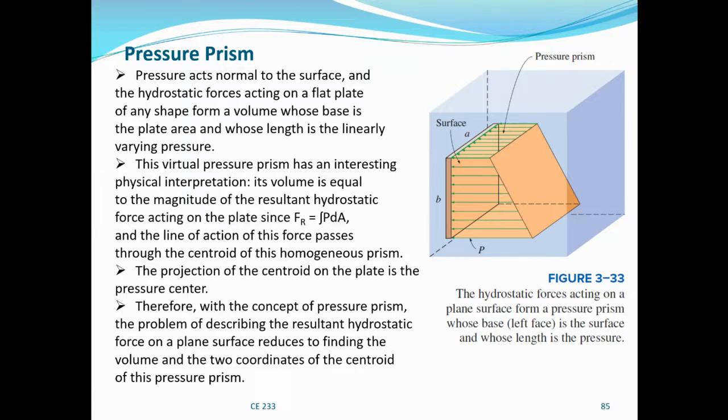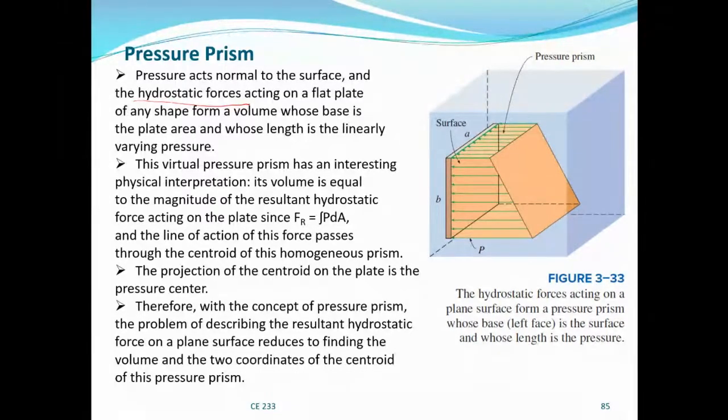The hydrostatic forces acting on a flat plate of any shape form a volume whose base is the plate area and whose length is the linearly varying pressure. This virtual pressure prism has an interesting physical interpretation.